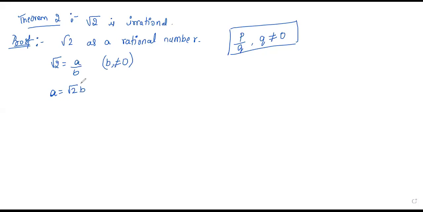Next, what we do is squaring on both the sides, because we have to eliminate that square root. So I get A square is equal to 2B square.